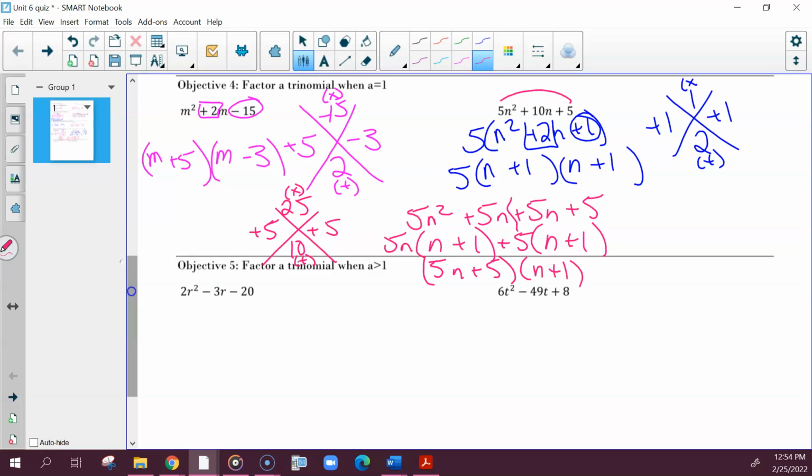And as you're looking at your final factors, bells should be going off that this is not completely factored because I can still divide out a 5 here. If you divide a 5 out of this, then that one would become n plus 1, and you already have the other n plus 1.